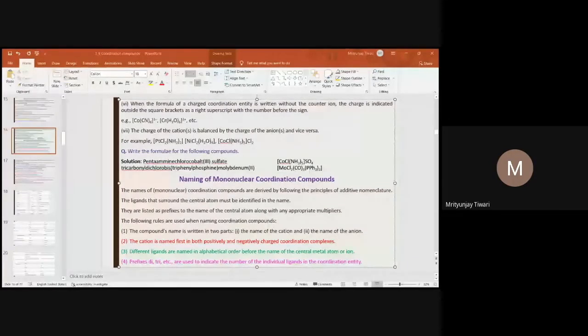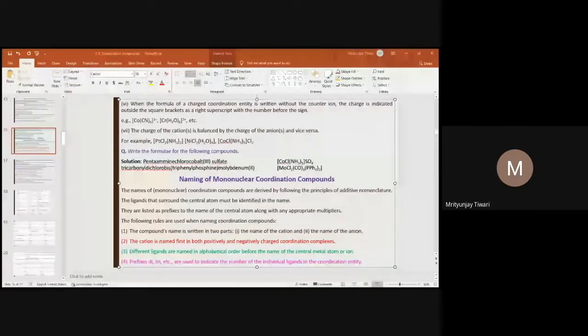For example, if you look at en twice, en represents ethylenediamine. We have di in the name of this ligand, not the complex, so it already contains a numerical prefix.